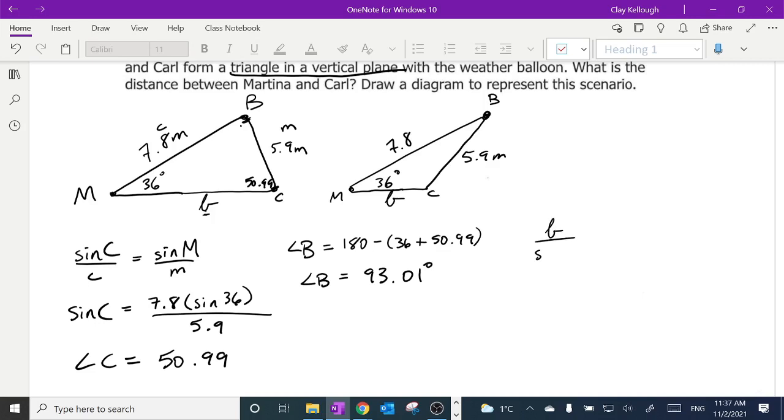We need to know the distance between them, because that's what we want. B over sine B is equal to M over sine M. Might as well stick to the two that I knew from the start. So B is equal to the sine of that angle I just found times side M, which is 5.9, divided by the sine of 36.